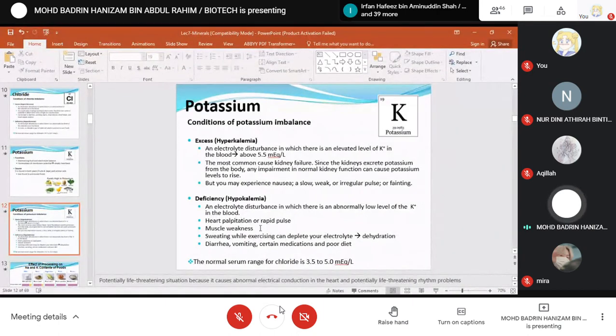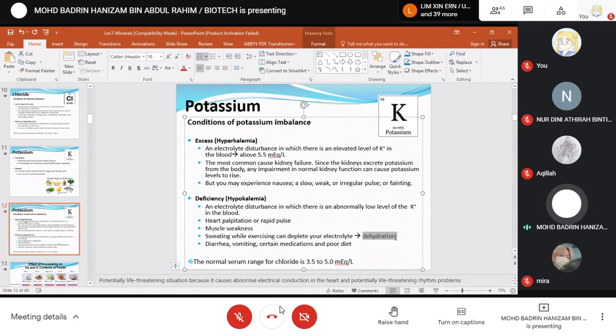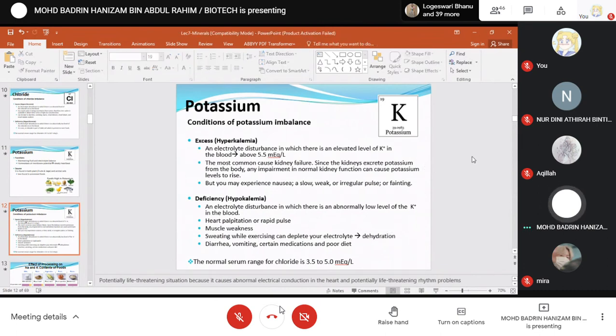It can cause muscle weakness. Sweating while exercising can deplete your electrolytes, so it can cause dehydration. When you have dehydration, the level of potassium will be decreasing. Also, diarrhea, vomiting, certain medication also can cause deficiency in potassium in your blood.